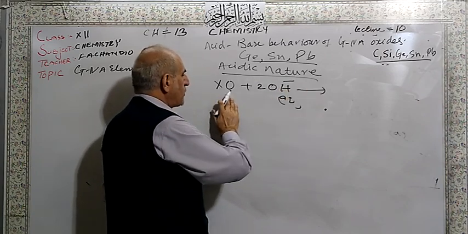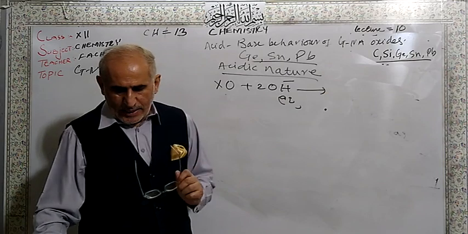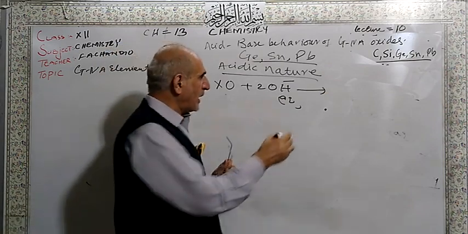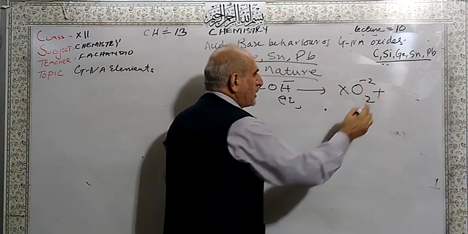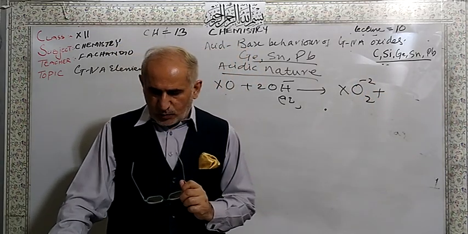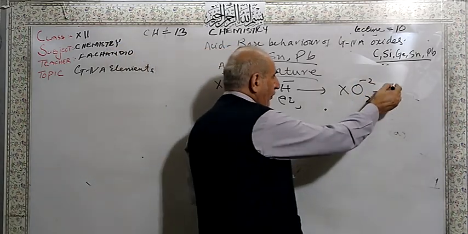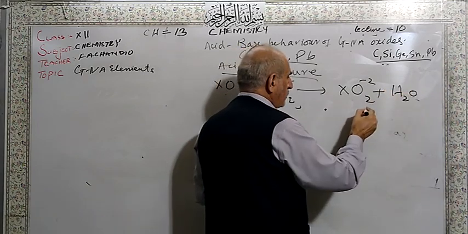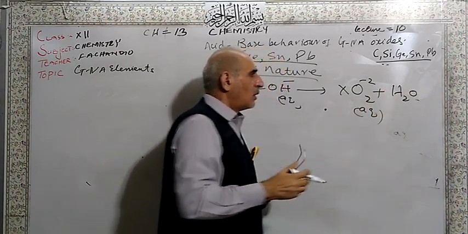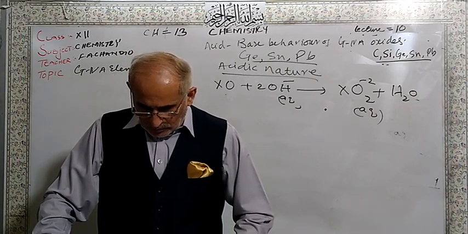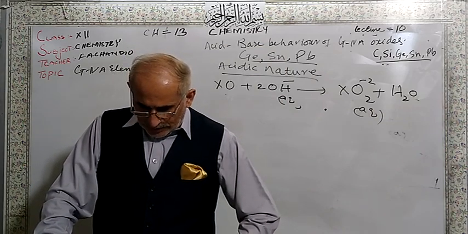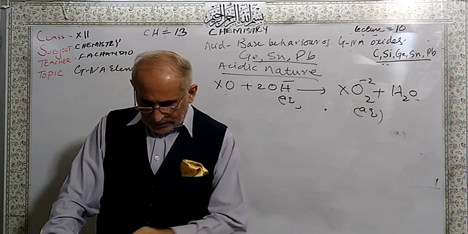This becomes the acid and this is the base, and you will get the complex again. A complex ion is going to be formed with water. So when sodium hydroxide solution reacts, you will get it like this.